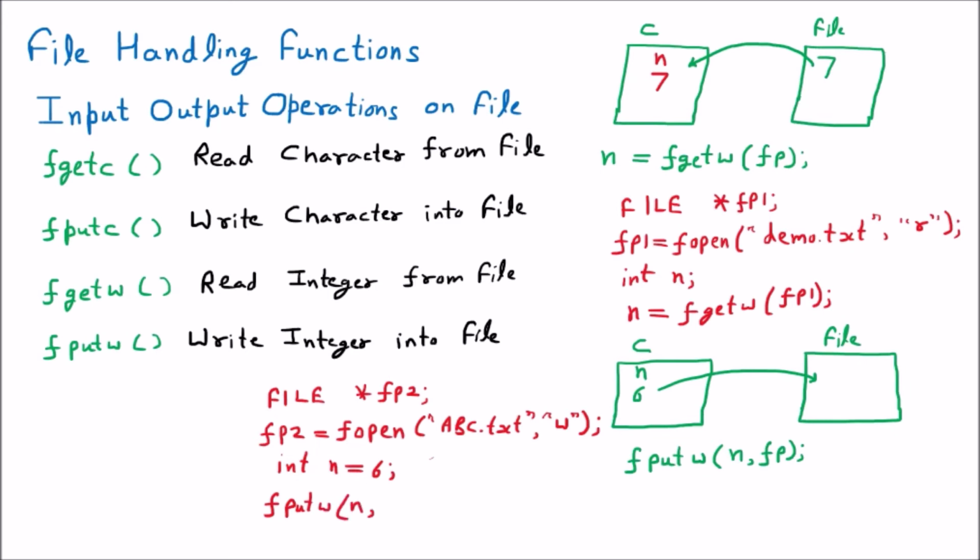N means the value 6 we are going to write, and file pointer is fp2. So now with the help of this one, the value n 6 is going to be written inside the file, and now the file value will be 6 as integer. So these are the functions which are getw and putw, which are going to write the integer inside the file or reading from the file. They are the integer functions.